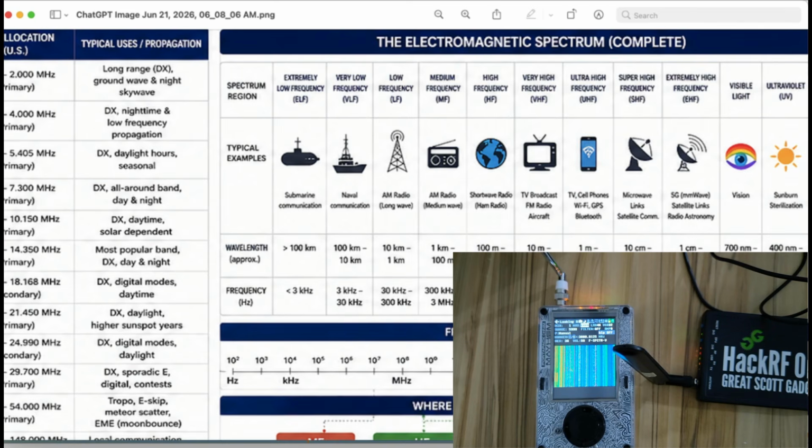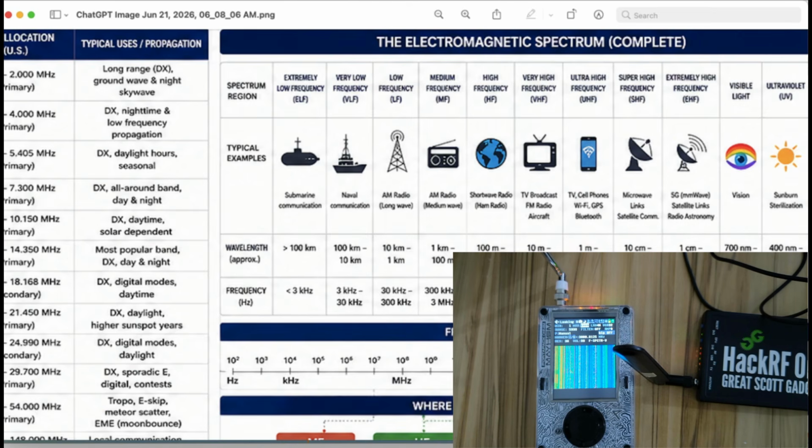Generally, when we are working with ham radios, we are broadcasting around the very high frequency VHF and ultra high frequency UHF bands. VHF is somewhere around 30 megahertz all the way up to 300 megahertz, and then ultra high frequency is around 300 megahertz all the way up to 3 gigahertz.